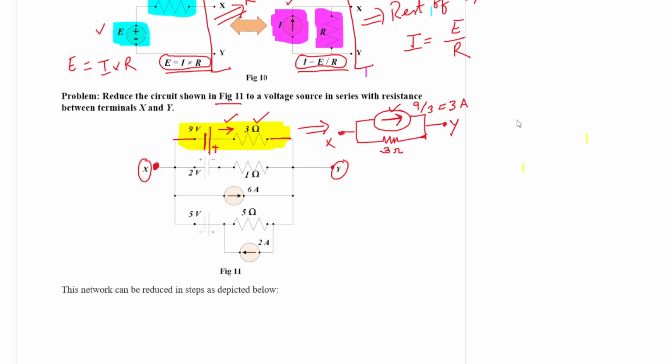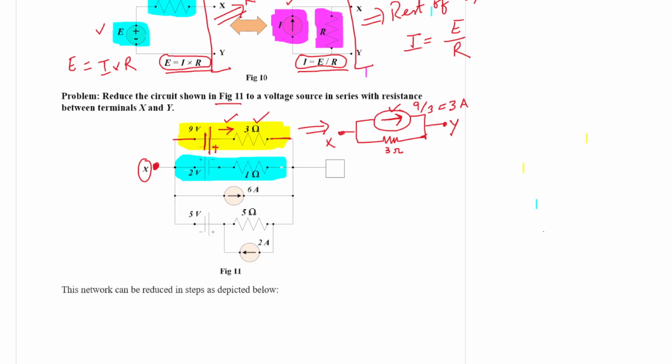So moving on, if we go for the next part, again we can see a similar structure, that is a 2 volt source in series with a resistance of 1 ohm. So the same thing can be done.